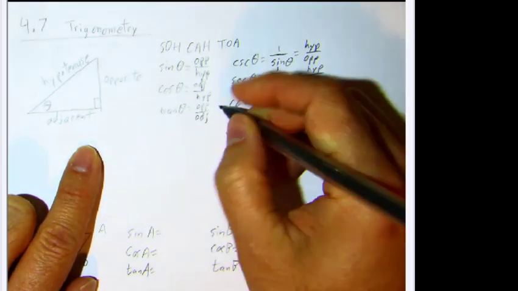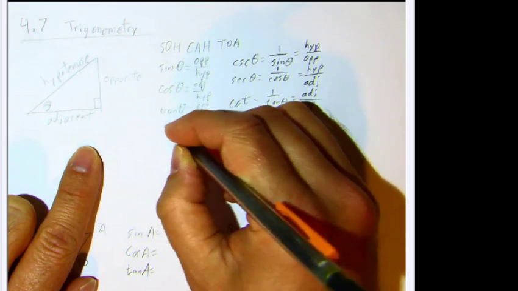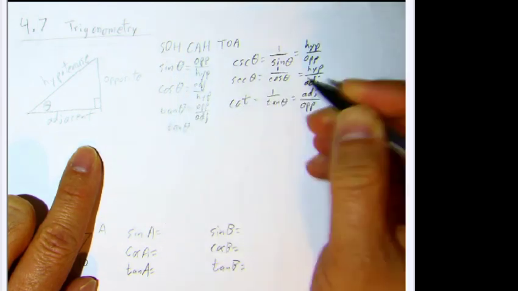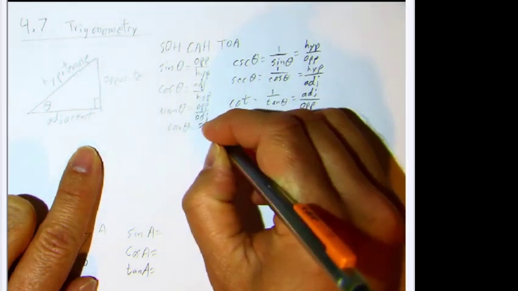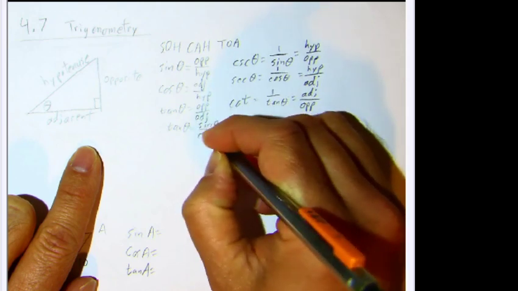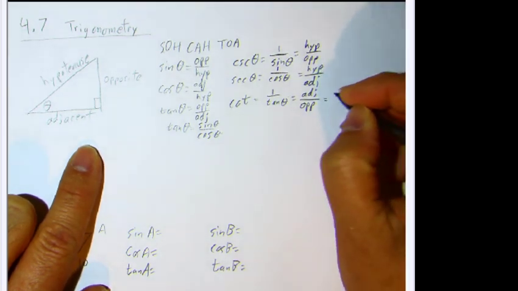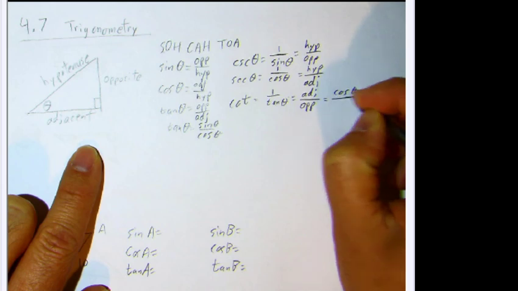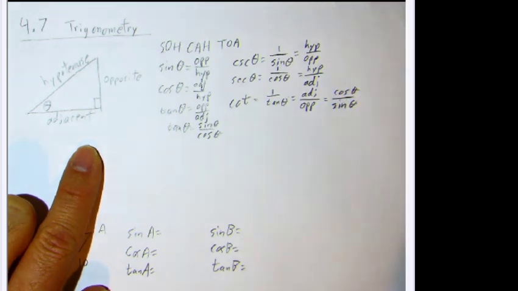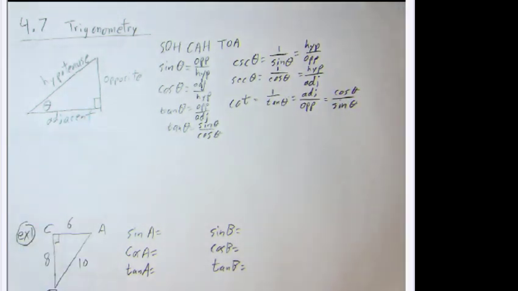Now as it happens though, there's another way to write tangent, and I want to note that. This is also sine over cosine. And then cotangent would be cosine over sine. Okay, so those are just our definitions.